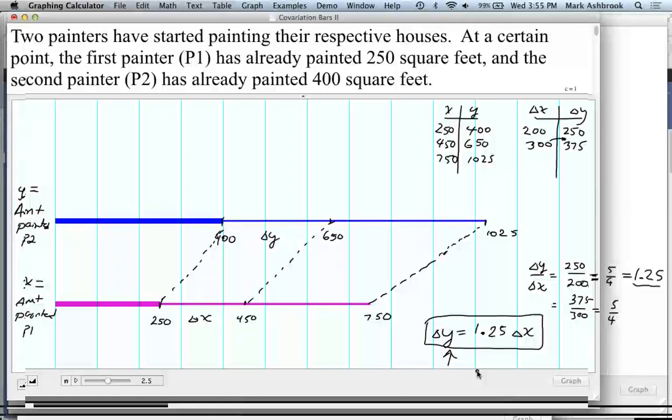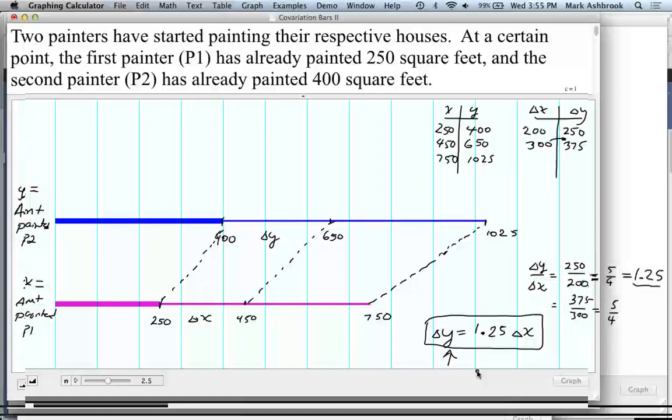Okay. Right. So given some additional amount that painter 1 paints, painter 2 will paint 1.25 times as much as that. His additional amount will be 1.25 times as much as the additional amount that painter 1 painted. All those things you're saying are right, but they're not exactly this statement.